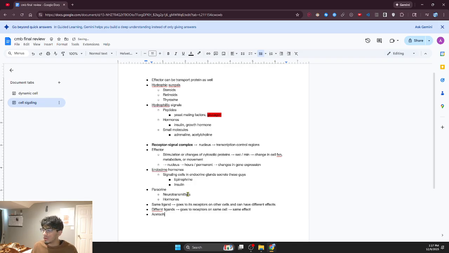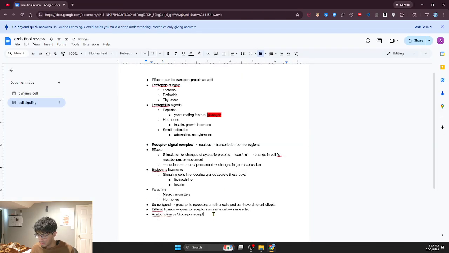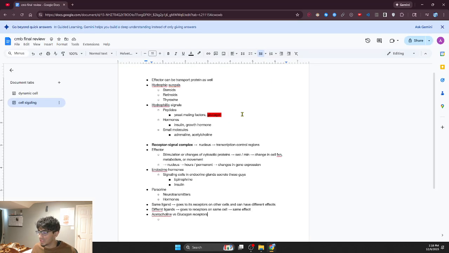Acetylcholine, choline versus glucagon receptors. How much time do I got? 33 minutes. Hopefully that can be done in 20 minutes. I know that it's gonna be in muscle cells.